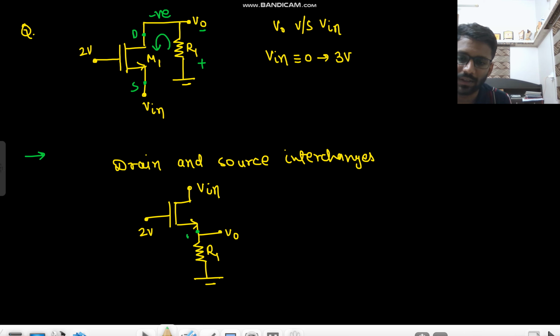This is source, this is gate, and this is drain. The current ID is flowing like this. Now we have to do the analysis.